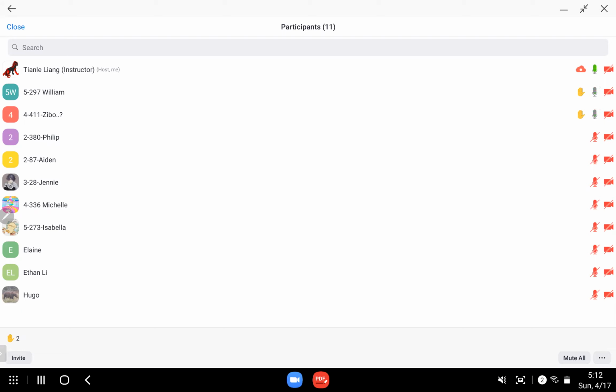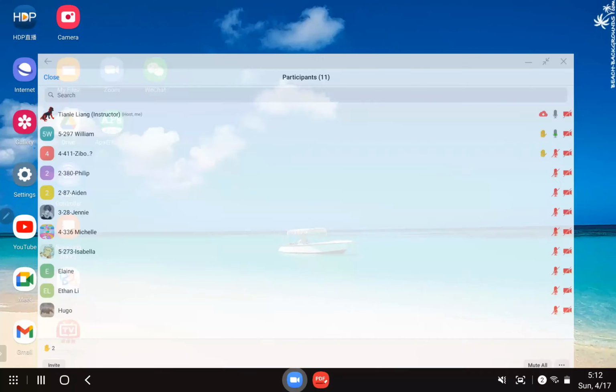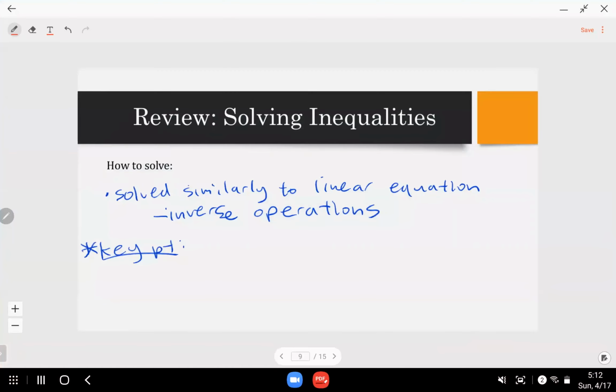Key point is that when you multiply or divide by a negative number, you have to flip the sign. The flipping inequality rule. Yes. So flip the sign when you divide or multiply by a negative number.